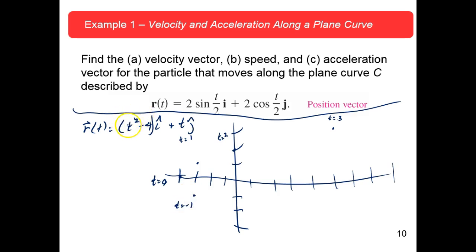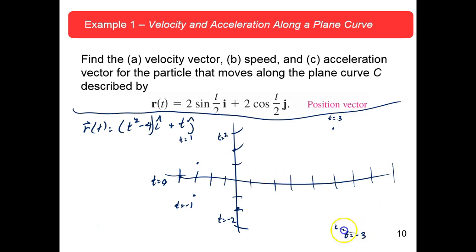Let's do t is equal to minus 2. Minus 2 squared is 4 minus 4 is 0i minus 2j. There's t is equal to minus 2. And I bet you the next one's going to be down here. What do you want to bet? t is equal to minus 3. So that would be 9 minus 4 is 5i, and minus 3j. Got it. So here is your curve.